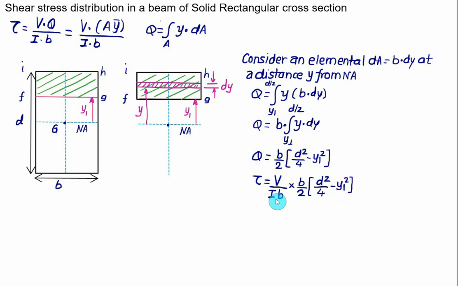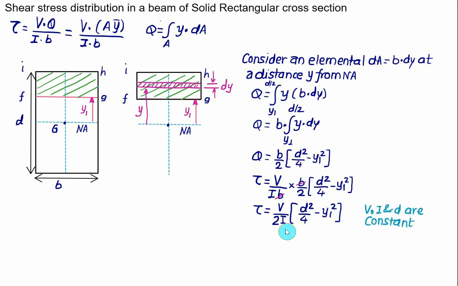So this width gets cancelled here, and we get the shear stress at a distance y1 equal to V divided by 2 times the moment of inertia I, multiplied by d square divided by 4 minus y1 square.